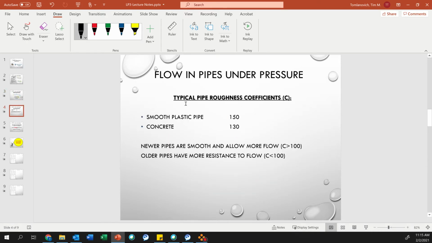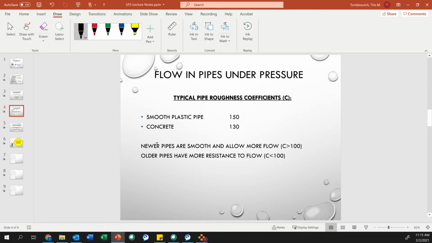Here's that coefficient. In your textbook, smooth plastic pipe has a roughness coefficient of 150 and concrete has a roughness coefficient of 130. When you think about pipes under pressure, as they get older, they get rougher, so they resist more flow because there's more friction on the interior walls, especially cast iron, concrete, sanitary sewer and all that.